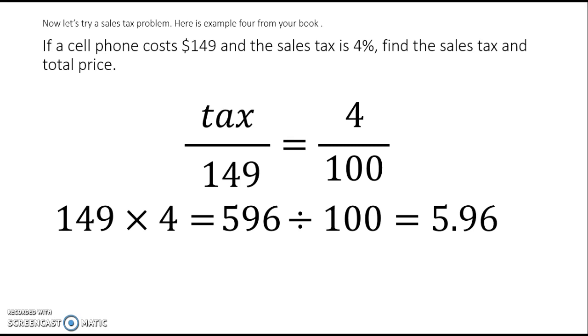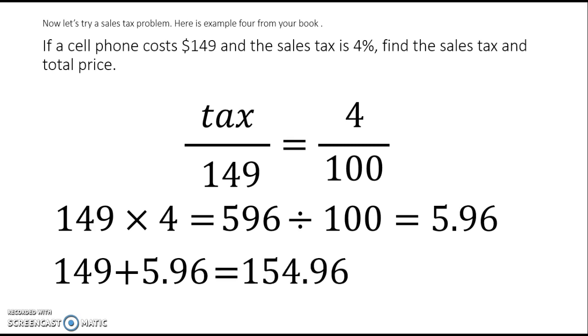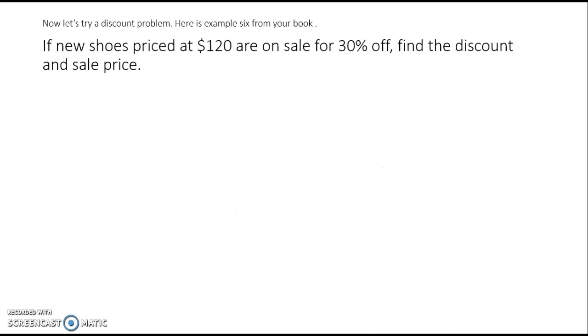Now, we need to add that to the sales price to find the total price. So 149 plus 5.96 equals 154.96. Now, we need to write a statement to finalize our problem here. The sales tax is $5.96, and the total price is $154.96.